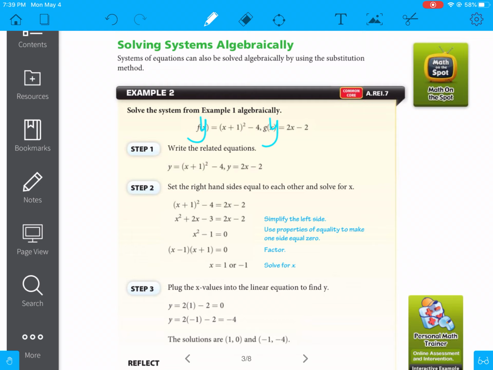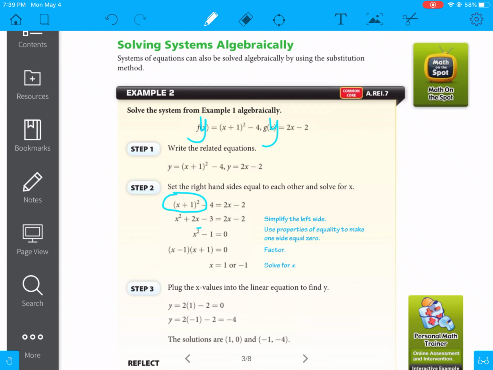Now, step 2, you have to set both equations equal to each other. So you have (x plus 1) squared minus 4 equals 2x minus 2. Then you're going to have to solve it. So what we did here is they took your x squared plus 2x minus 3, and they factor that out. And you're left with x squared minus 1 equals 0.